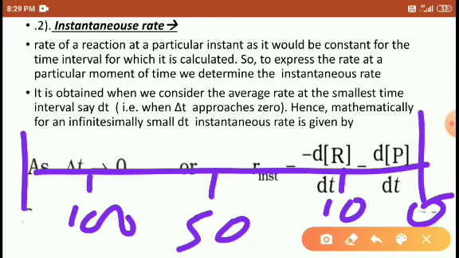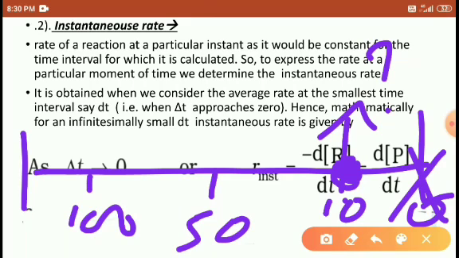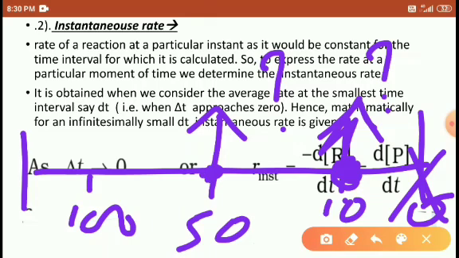At this point we want to know the rate, that is the instant point. Here we are not considering the initial and final points. We just consider this point and want to calculate the rate, that is the instantaneous rate.